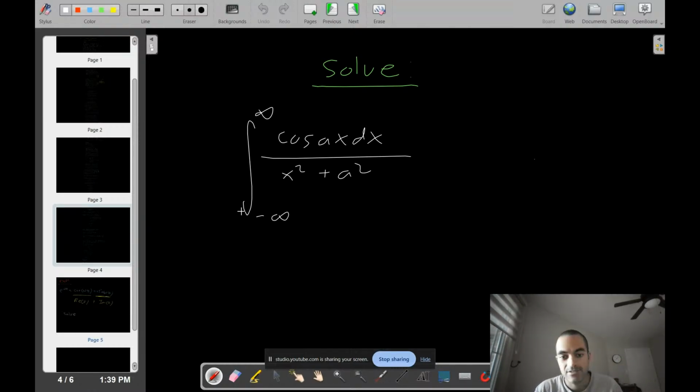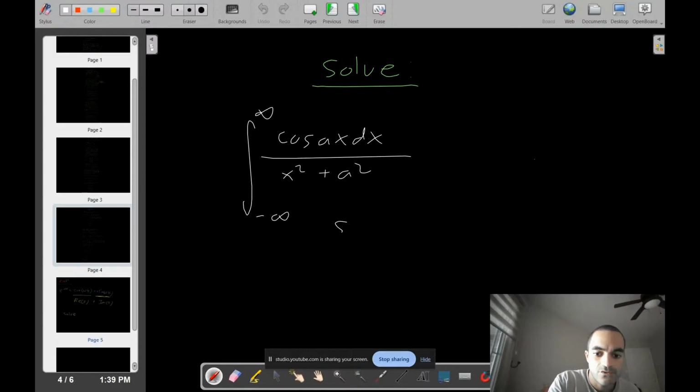This looks nasty. As you can see, elementary methods won't work, so we have to use some form of contour integration. For the solution, I won't put step 1, step 2, and step 3; I think you guys will be able to follow.